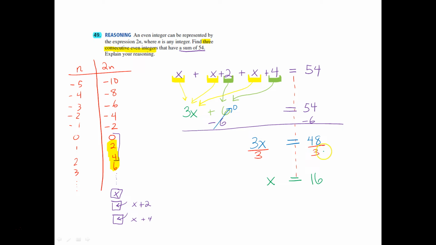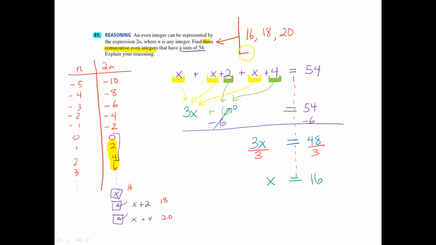And 3 goes into 18 6 times, so 10 plus 6 is 16. So x is 16, which means our 3 integers are 16, 18, and 20, because it was 16 for this one, 16 plus 2 is 18, and 16 plus 4 is 20.